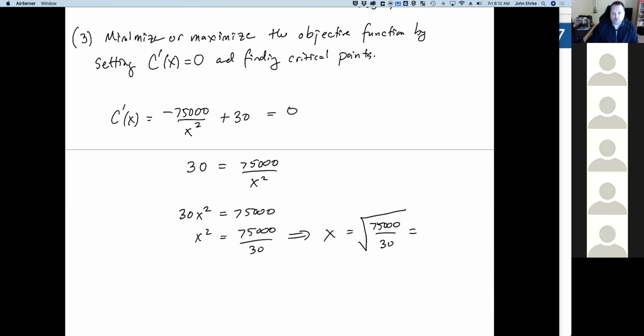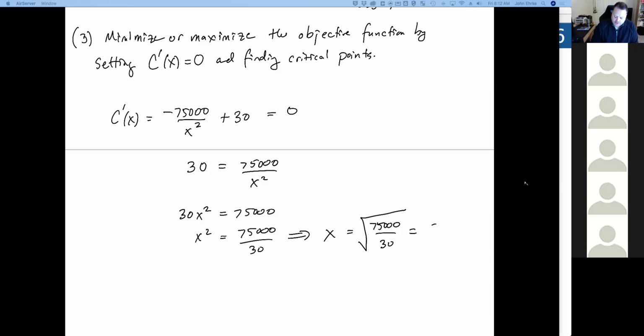Now, normally when we would do this, we would do plus or minus the square root. But remember, x is distance in feet, so it doesn't make any sense to talk about the negative answer here. So we'll just dive into Desmos real quick and get that value. And so I get that that is 50.